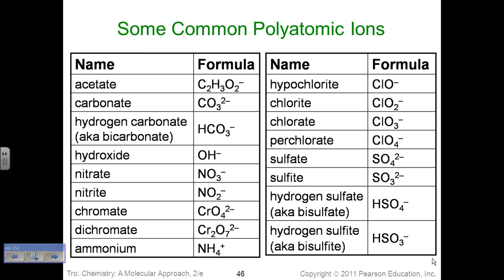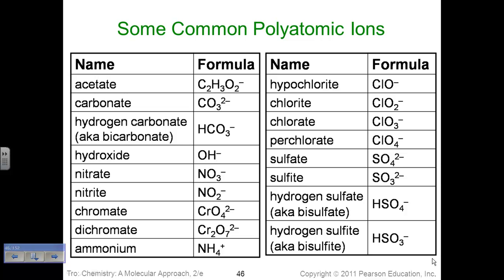Notice in the far right column, I see a family of ions, and this is worth discussing. Hypochlorite, chlorite, chlorate, perchlorate. Let's examine those prefixes and the suffixes, the beginnings and endings of the names as we explore the formula. The root word is the ate ending.